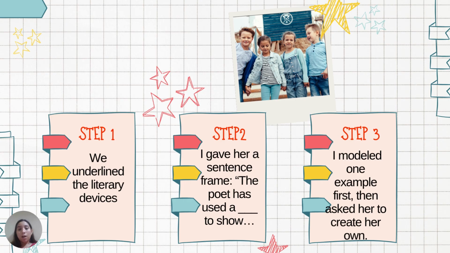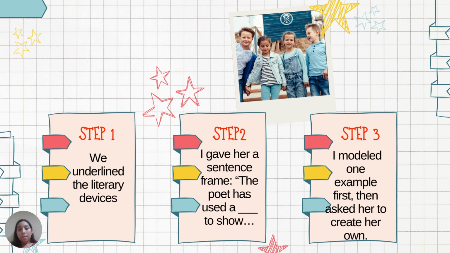In step one, the purpose was to underline all the literary devices that we would find in the poem. The second step was that I was gonna give her some guidance. I gave her a sentence frame. An example was: the poet has used a blank to show.